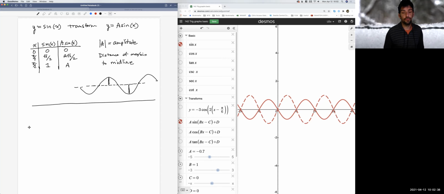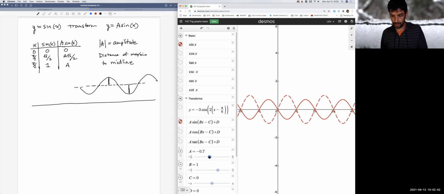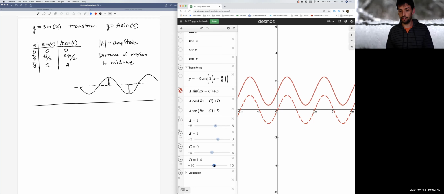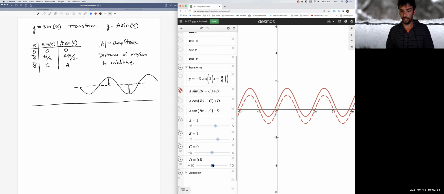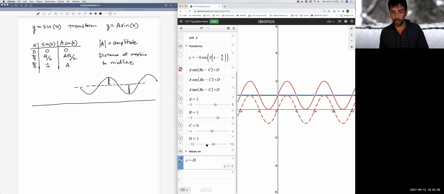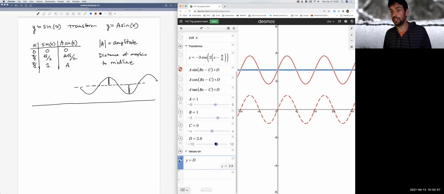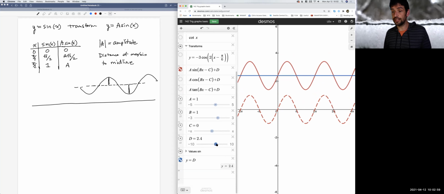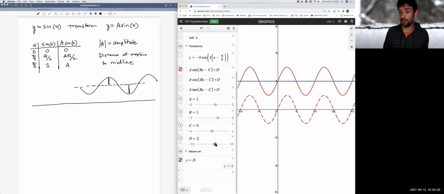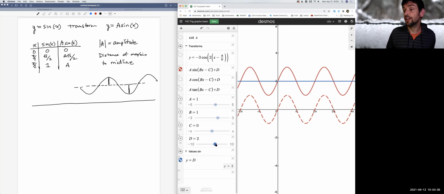What controls the midline? Well, let's put this back to the original. So A is equal to 1. Let's look at D. D is our vertical shift. Right. And in fact, let's put in the line y equals D. Notice what happens as I change D. That blue line is the horizontal line y equals D. When D is equal to 2, that line's right there.